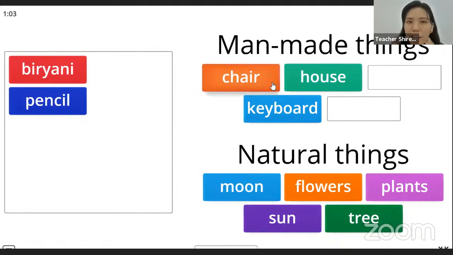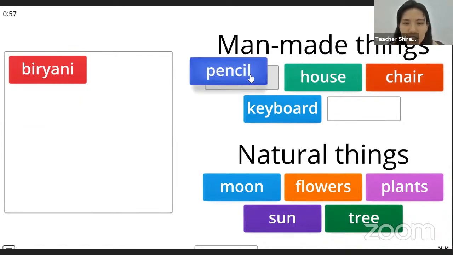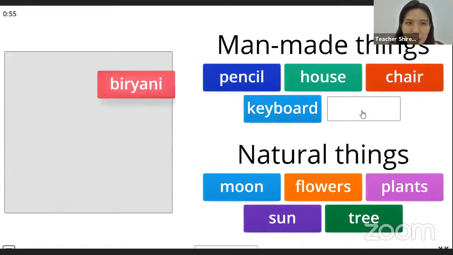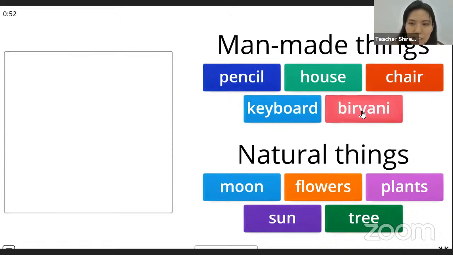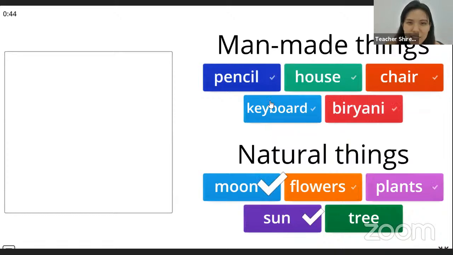Chair is man-made. Pencil is man-made. Well done. You did it in under one minute. Click at the end. Ding.